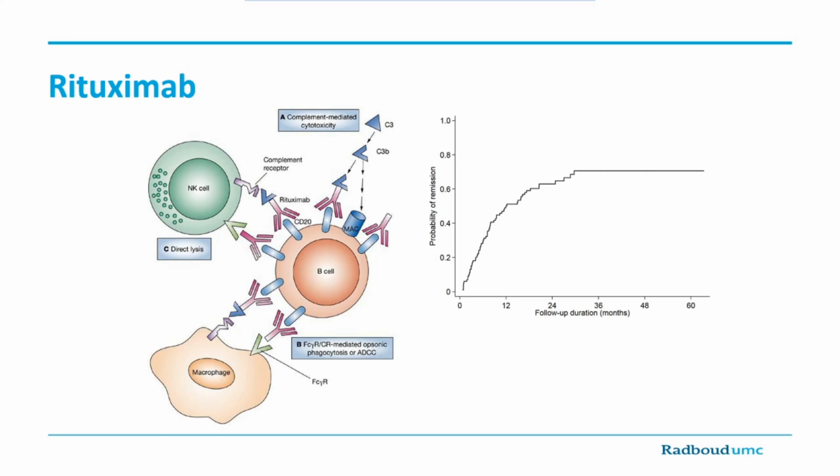As you know, B cells create antibodies, and they can differentiate into plasma cells and even create bigger amounts of antibodies. And the major advantage and the innovative aspect of using this biological is that the mechanism of action is actually relatively clear.